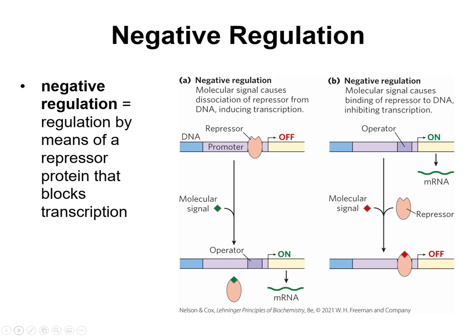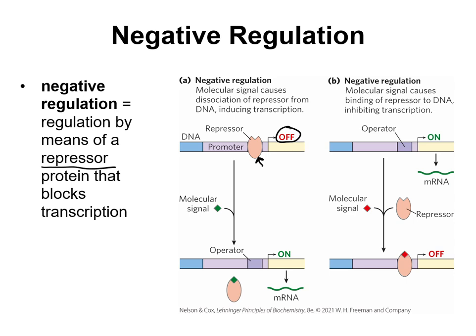So we've got negative regulation, and that means that you've got a repressor that blocks transcription. So negative regulation, think repressor. There are two different scenarios that you can envision with negative regulation. The first is that you have a repressor protein that is sitting down on the promoter, and this promoter is off. You're not making any mRNA transcript.